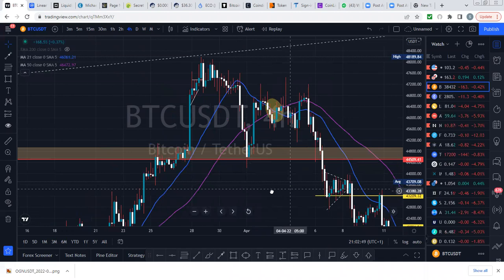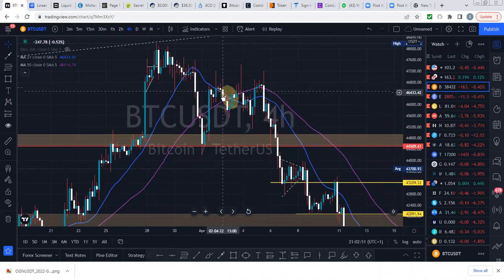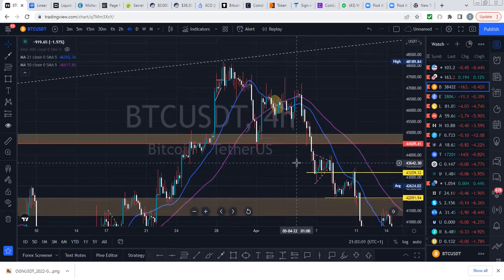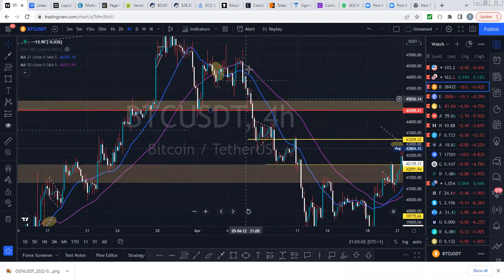As soon as the shorter term crosses below the longer term, what happened? Immediately a change of trend occurred. Bam. Then you can see here that the 50 moving average is now above and the shorter moving average is now below.